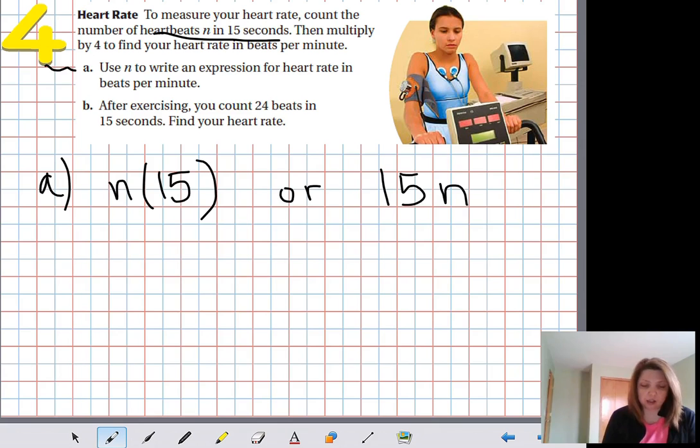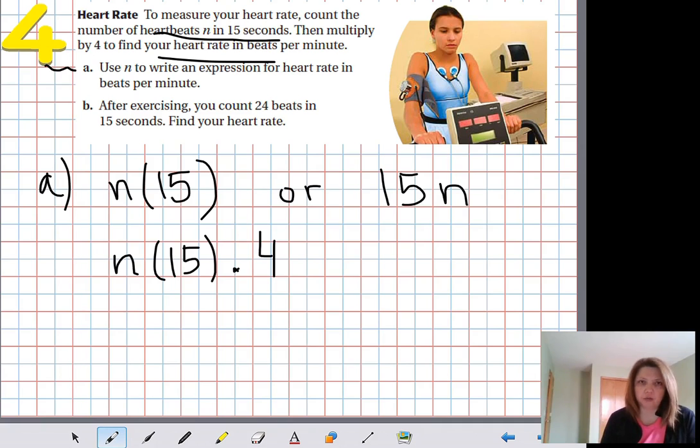And because it says then multiply by 4 to find your heart rate in beats per minute, we are going to rewrite this as n times 15 and then times 4. That's what the problem tells us.